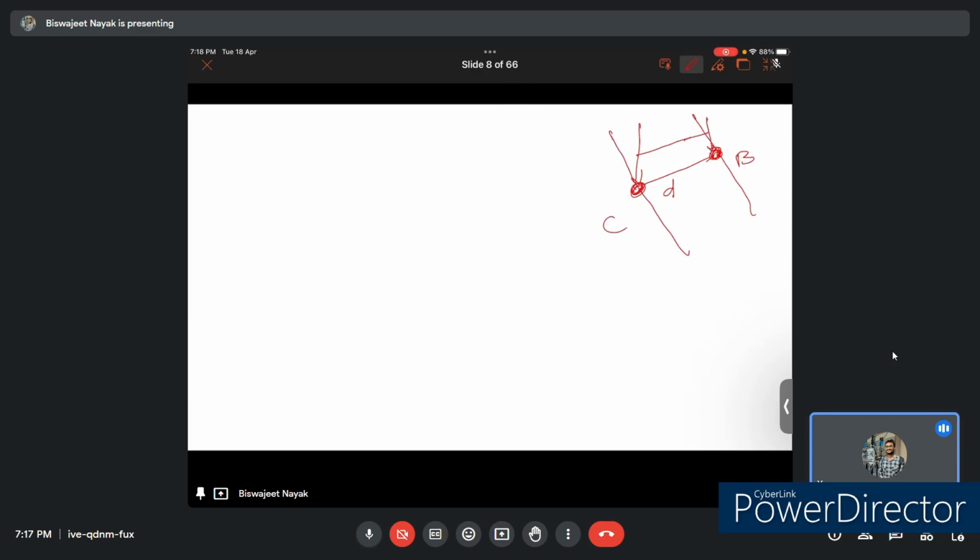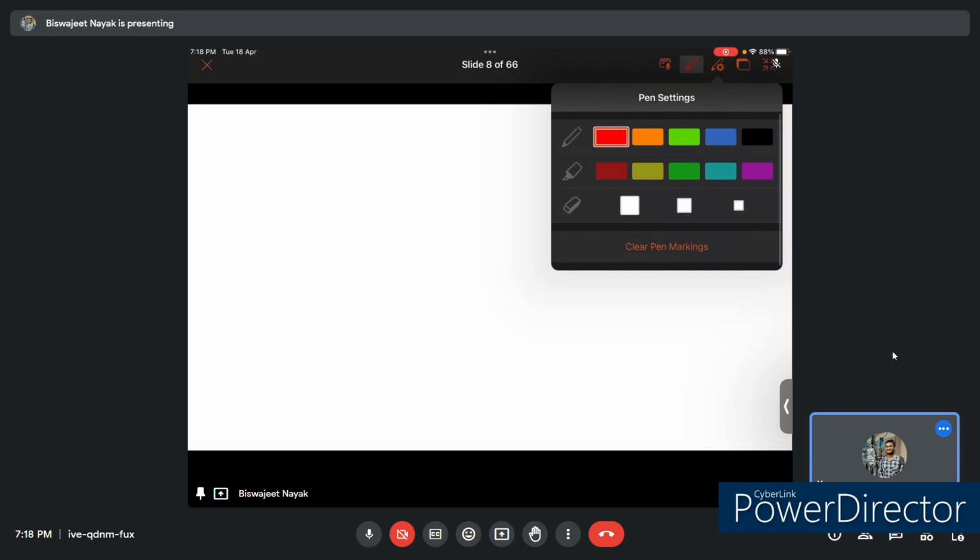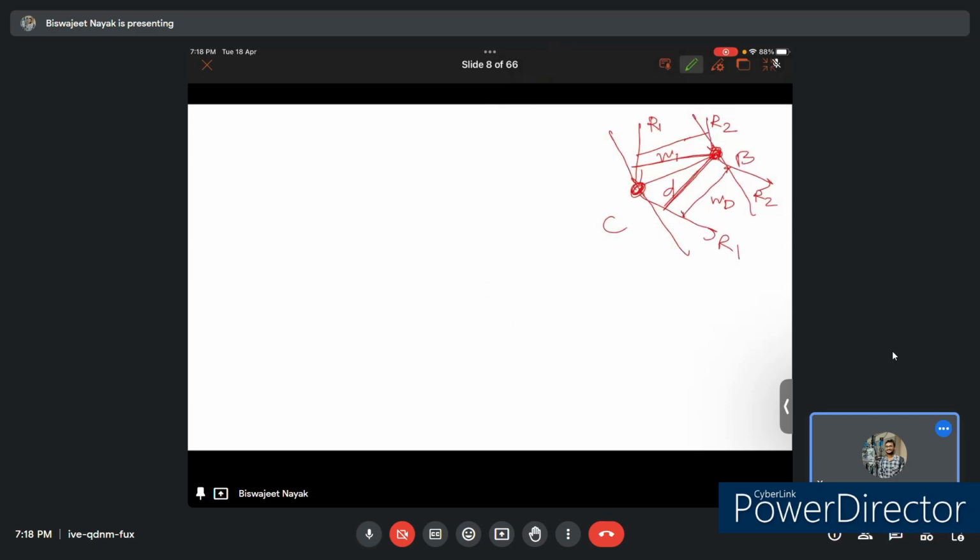Incident wavefront W1, after diffraction, there is a net change in path difference. You can see this path difference.